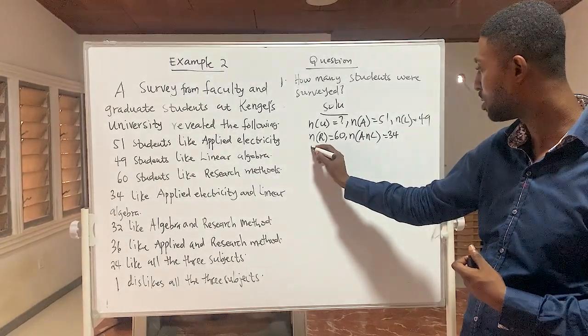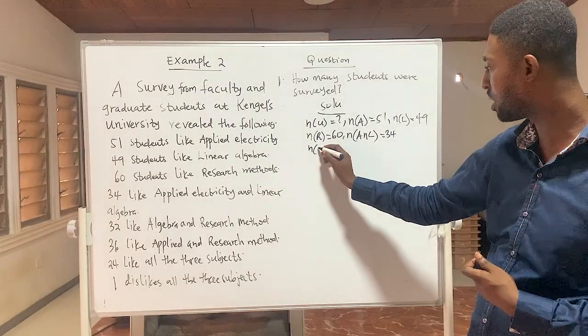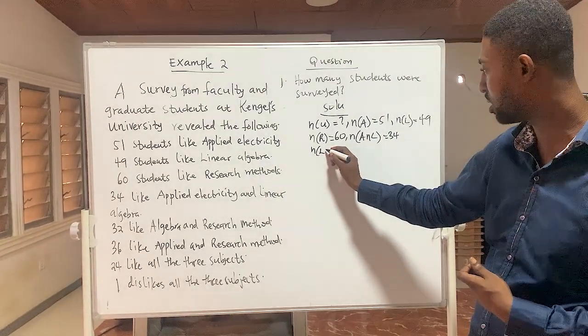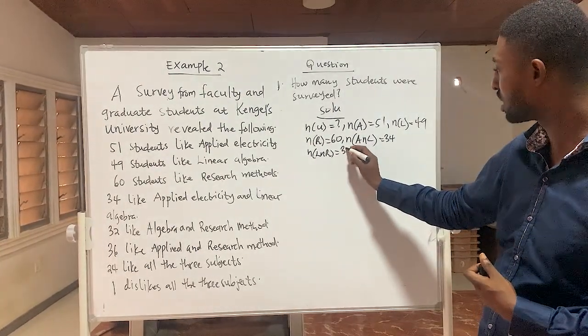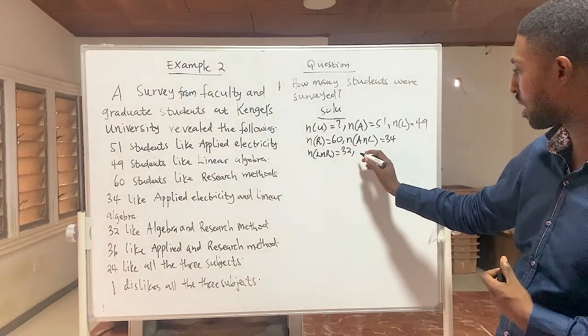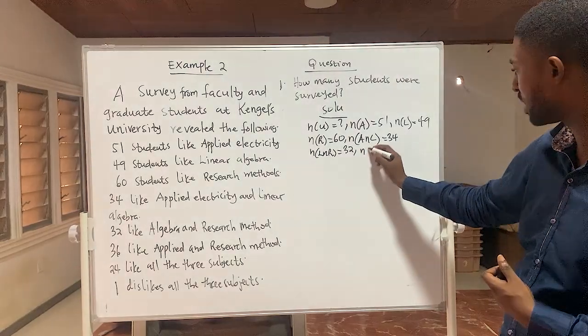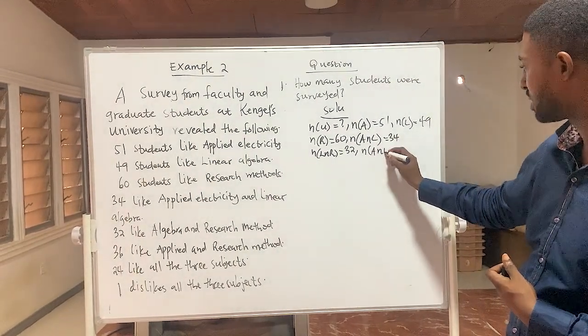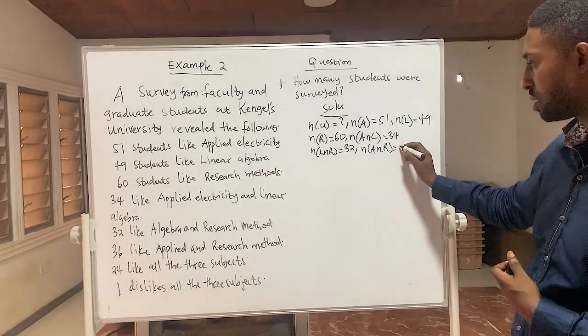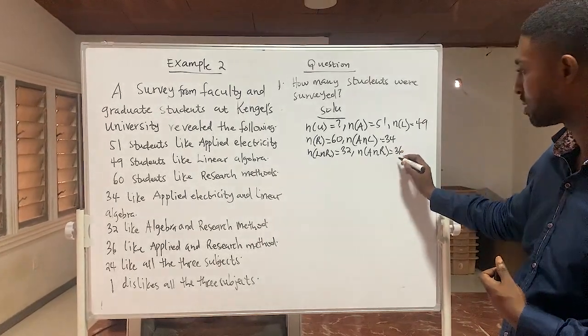Then we have the number of students who enjoy algebra, linear algebra and research method. They are equal to 32. Then we have students who enjoy applied and research method, which is equal to 36.